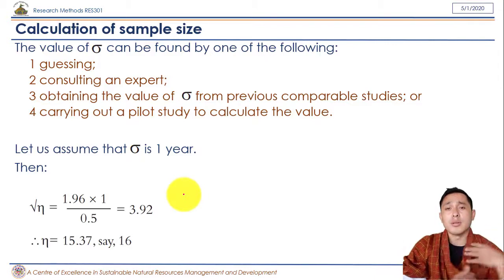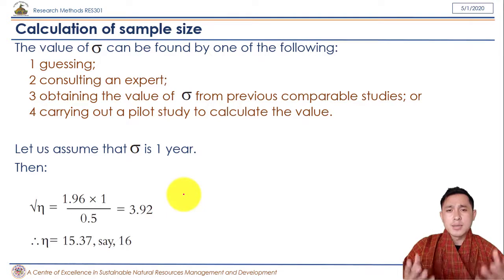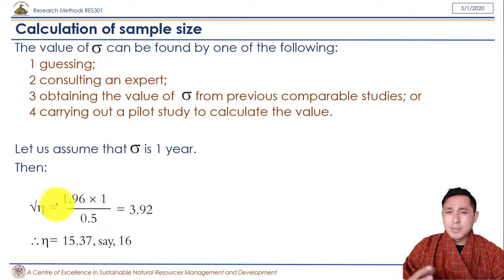But if you already know the population and some basic characteristics of it, sigma can be found out. But if you do not know anything about the population, sigma is quite difficult to know. But you can generally find sigma by guessing.